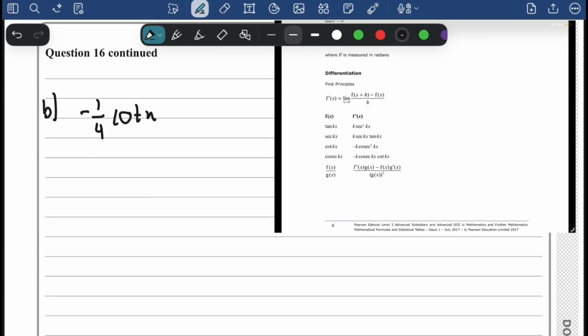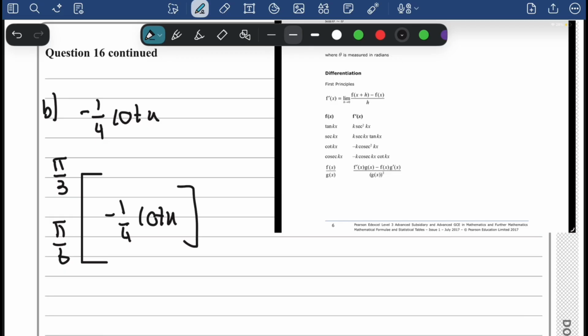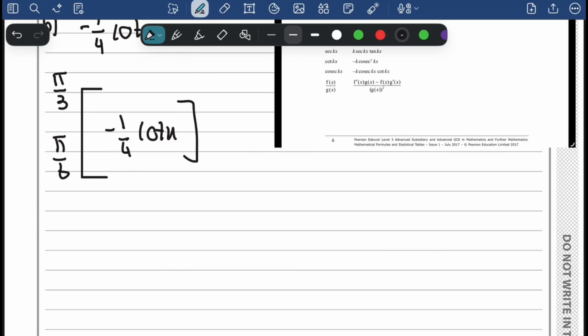And then now all we have to do is substitute in our limits of pi over 3 and pi over 6 for minus a quarter cot u. So obviously we can't put cot in our calculator, so it's going to be minus 1 over 4 tan pi over 3.